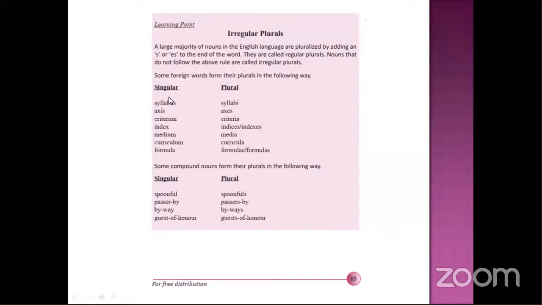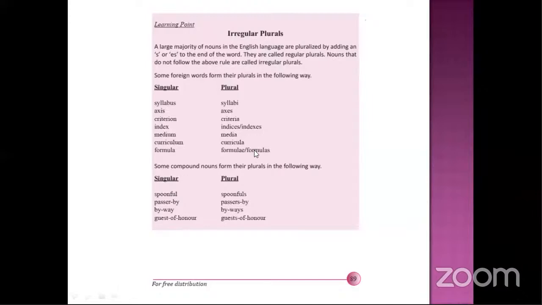As we discussed earlier, syllabus, syllabi. These words are taken from foreign languages. Axis, axes, criterion, criteria, index, indexes, indices, medium, media, curriculum, curricula, formula, formulae or formulas.